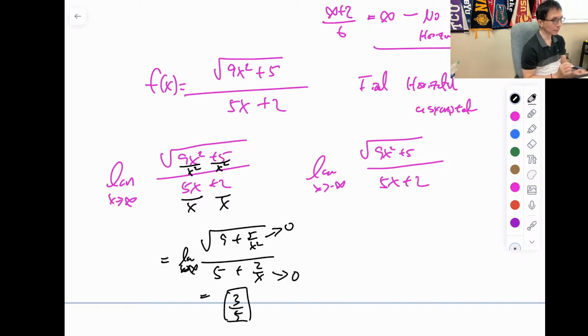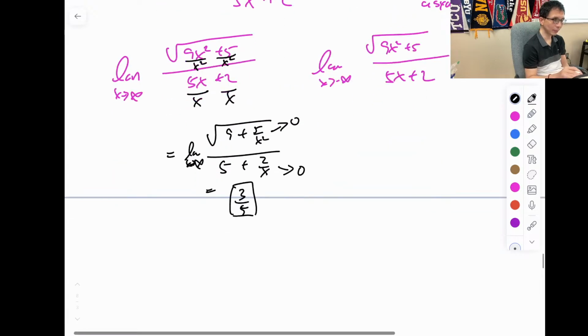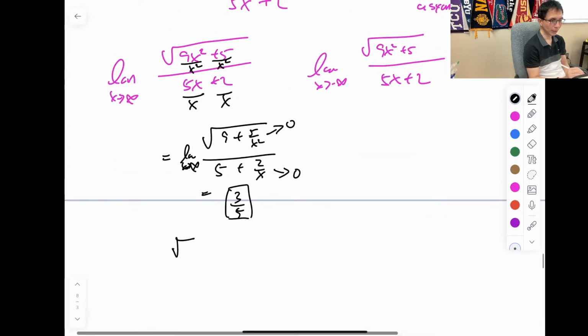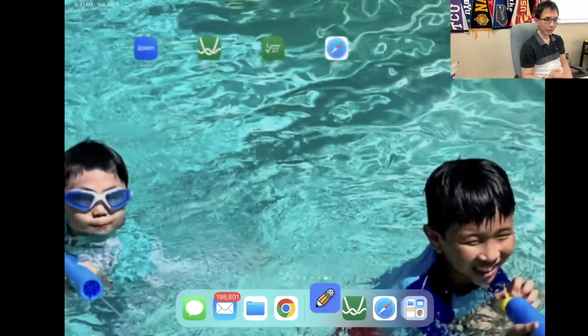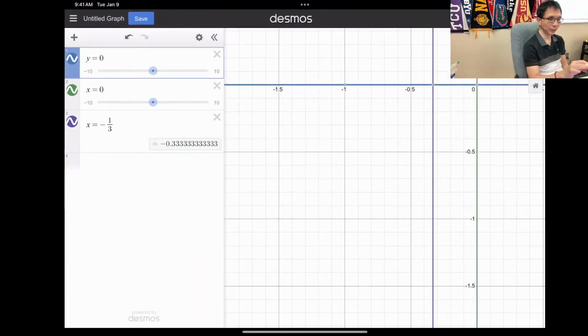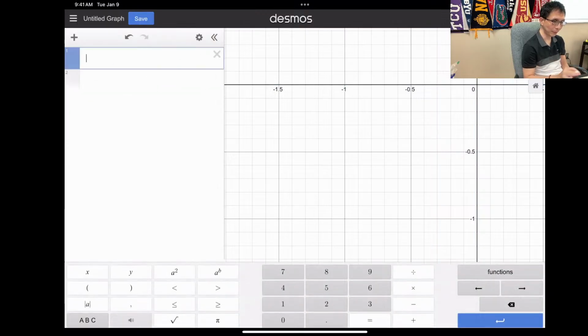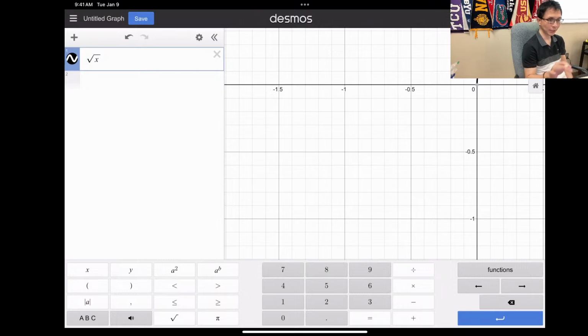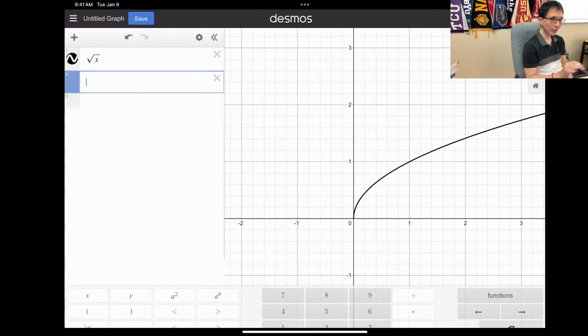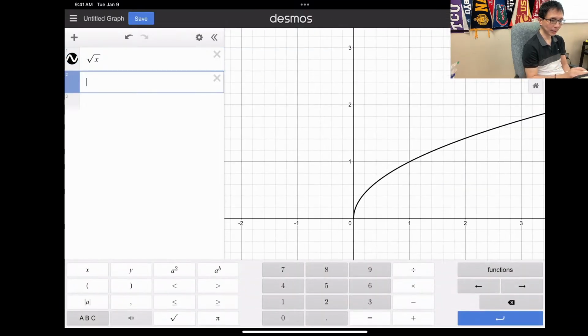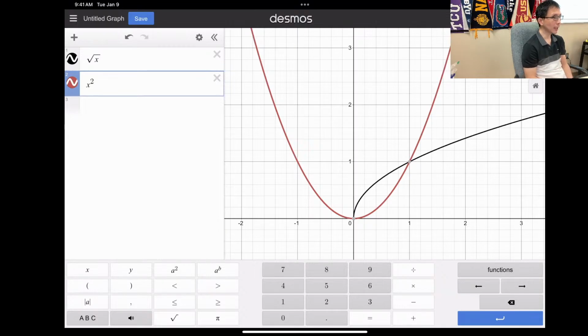Is that okay? Now let's talk about what the heck the graph of square root of x squared looks like. A lot of times we talk about what the square root of x graph looks like. Right, that looks like this. And the x squared graph looks like this. And let's put this in combination.